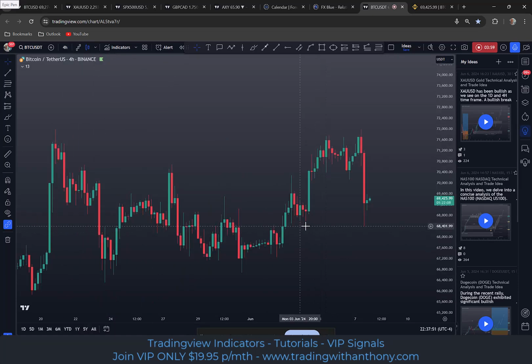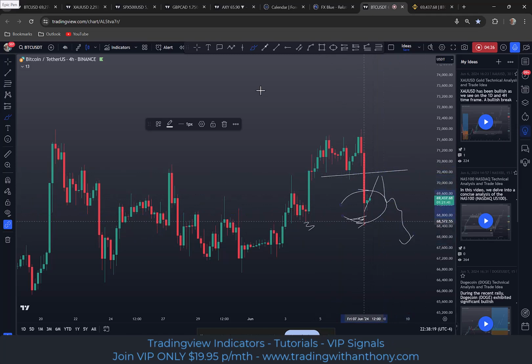Now, this has taken out these lows under here, so be careful, because what we've got now is a bearish break of market structure. The thing with this, though, is it's overextended, and it makes more sense to me that given they've taken out this liquidity, we see it rally. It could hit resistance up here and possibly more downside, but at this level, given that it's traded into this, I'll be looking for a bullish move more than anything.